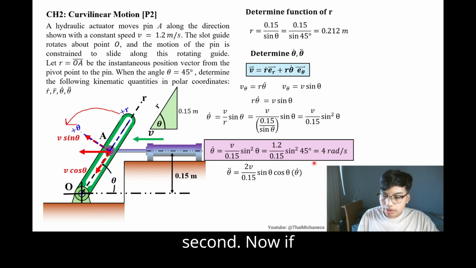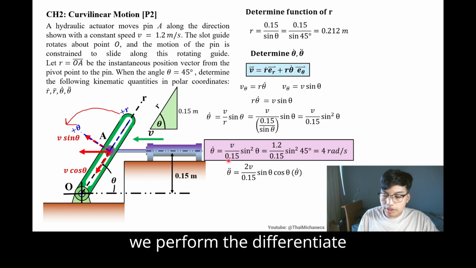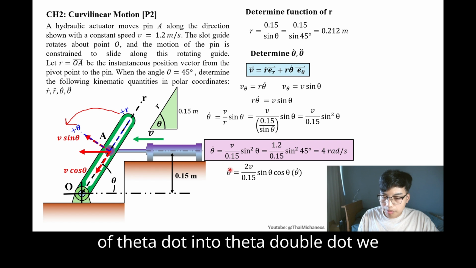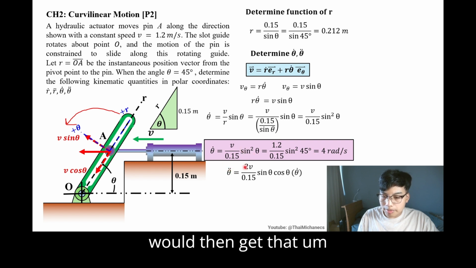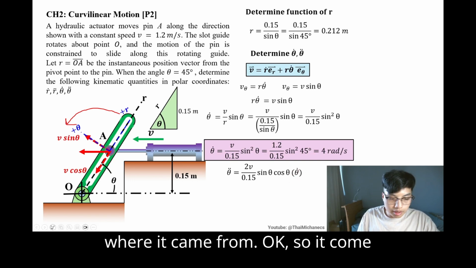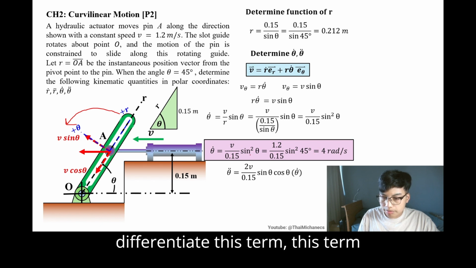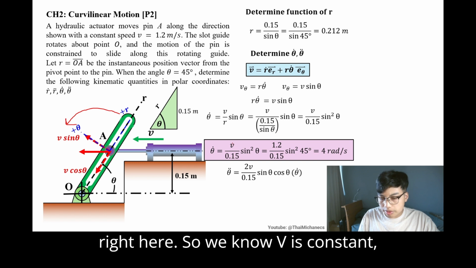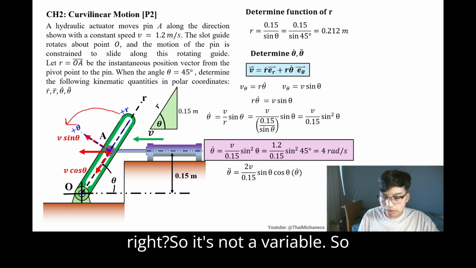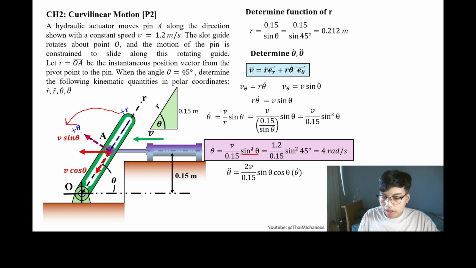Now, if we differentiate theta dot to get theta double dot, we get theta double dot equal to 2v sine theta cos theta times theta dot divided by 0.15. Where did the theta dot come from? It comes from differentiating this term right here. We know v is constant, so it is not a variable, but theta is a variable, so we differentiate this one.